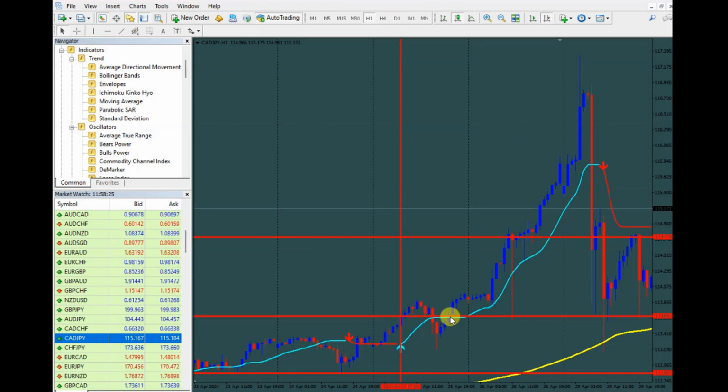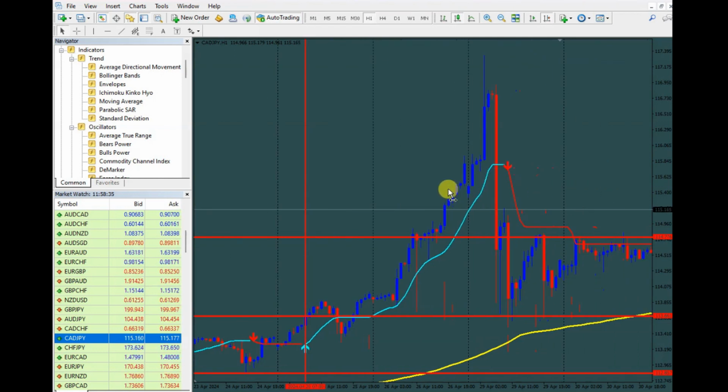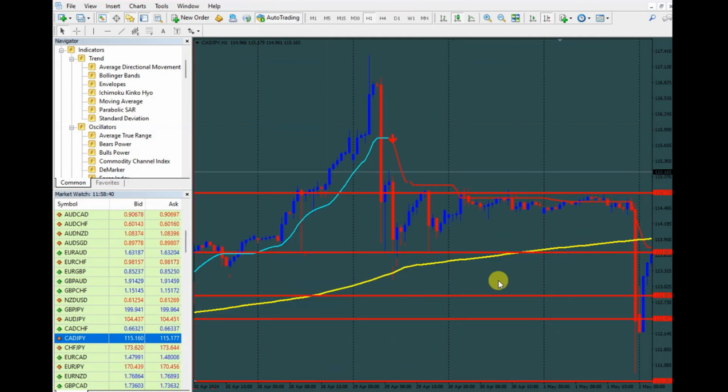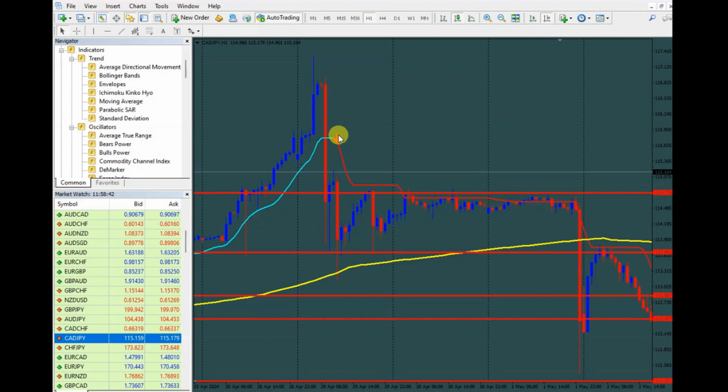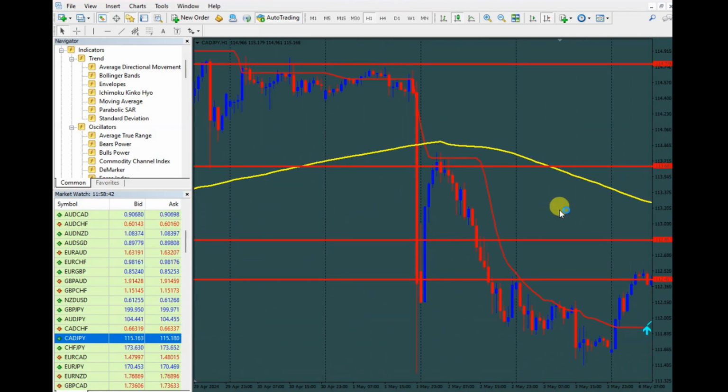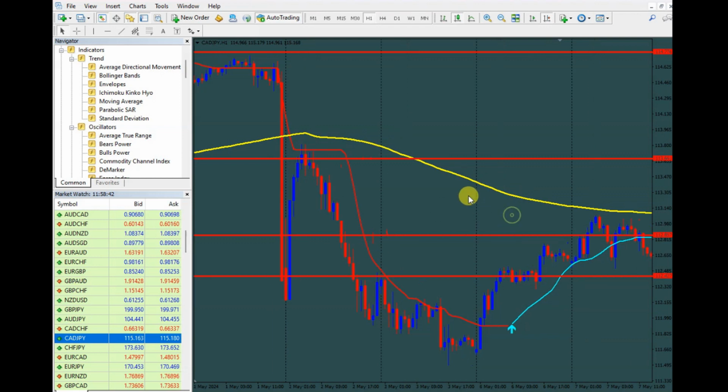So as you can see, the first trade hit our take profit. The second trade also hit our take profit. So we now have 2 winners in this trade. Here we get an opposite signal. We are waiting.